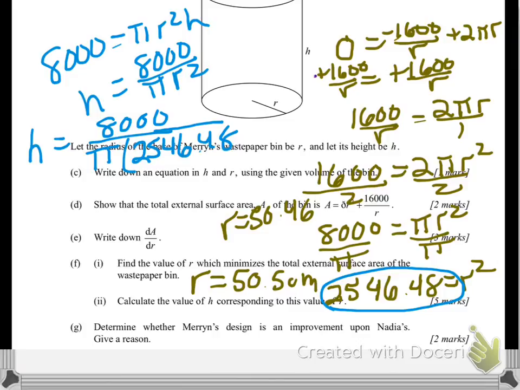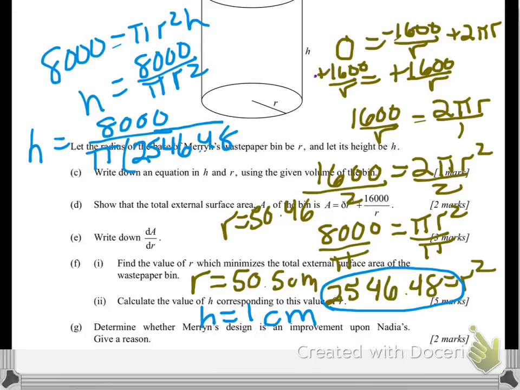And I'm going to times that by pi. Now that's my denominator. And so then I'm going to say 8,000 divided by that number. And I get 1. So I have a height of 1. So H is equal to 1 cm.